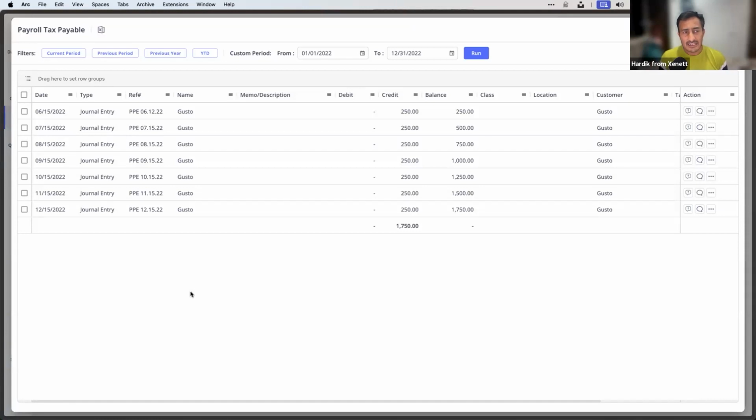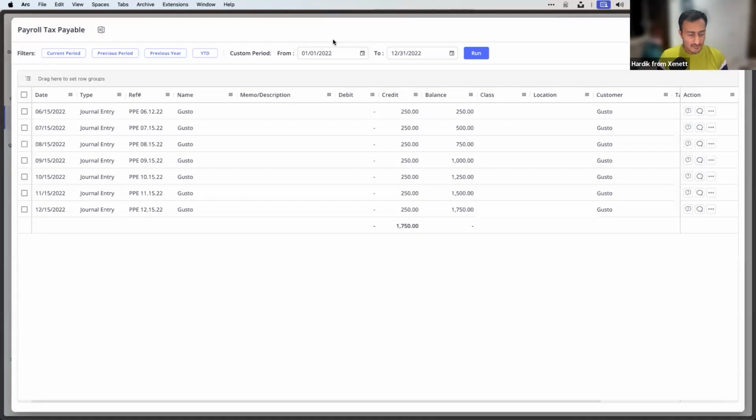Now, this is an example of a mistake that I have also seen people making. They record the liabilities correctly in the books, but all the payroll tax payments, instead of adjusting towards the liability, they record as an expense, correct? So this is something we have to keep an eye on.